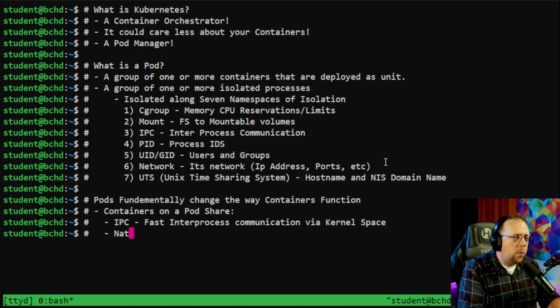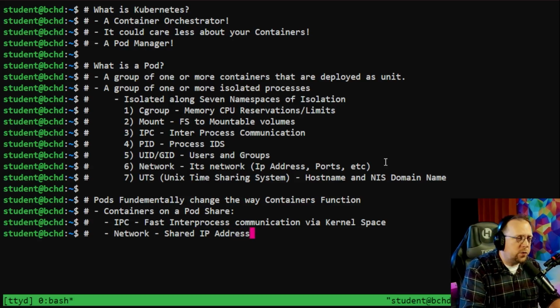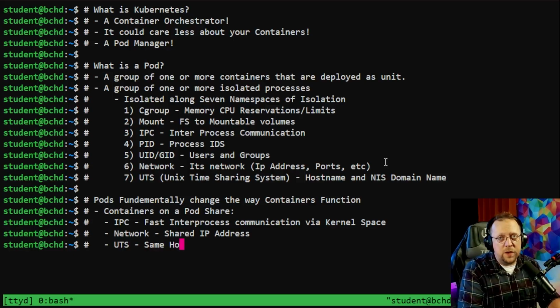They also share network. Okay, so this is going to be our shared IP address, right? So they're going to have one IP address for all the containers, and then we're going to have a UTS, meaning they're going to have the same host name and NIS domain name. Okay?